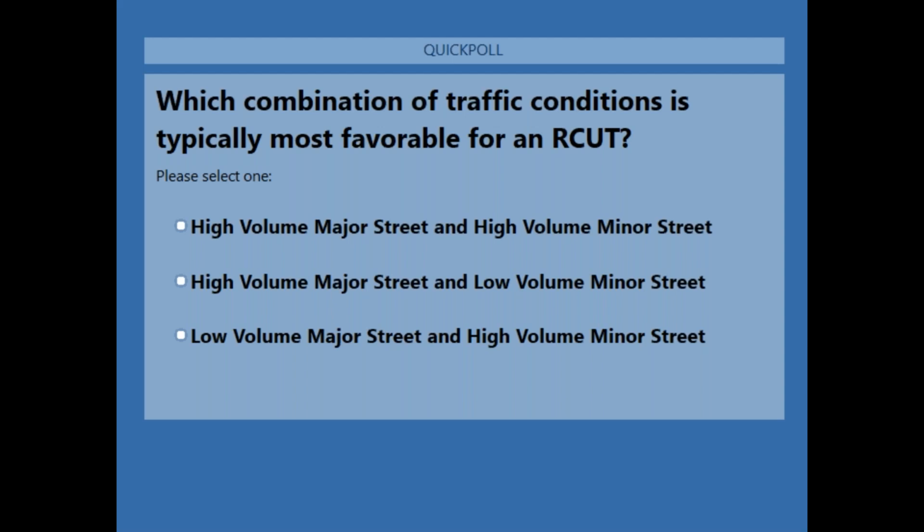And typically the Michigan U-turn allows the minor road through movement. So that's one key difference. It's about which movements get redirected. With the restricted crossing U-turn, typically it's the minor street through and the minor street left that get redirected.